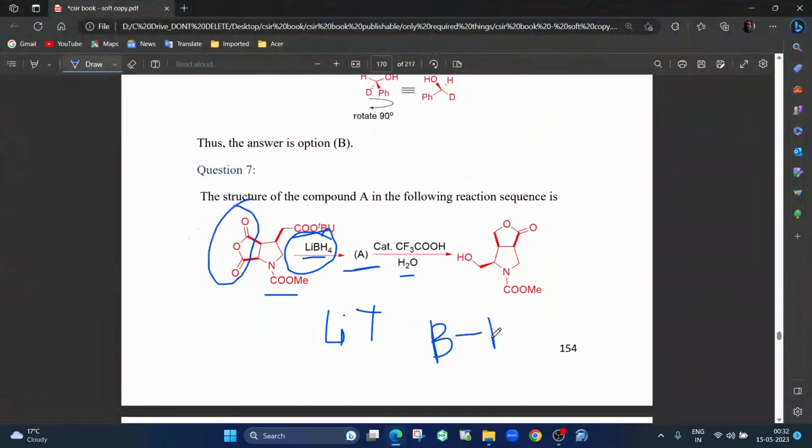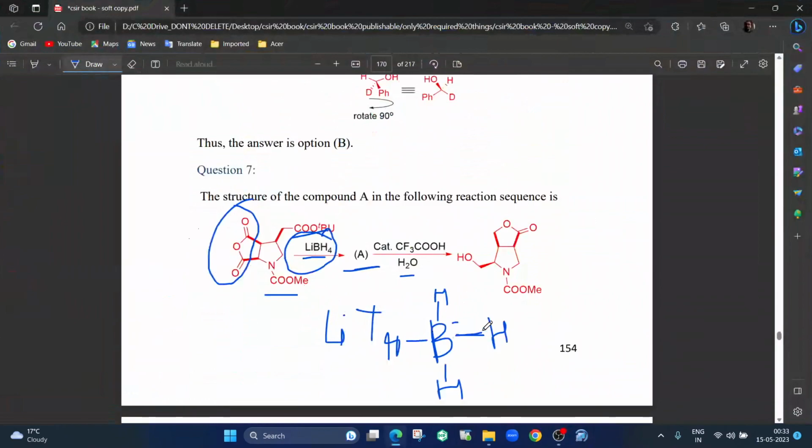So what you see here is, in NaBH4 and LiBH4 you have the same reducing species, that is BH4 minus. So why is it a reducing agent? Because boron has a negative charge, so all the bonds from boron are nucleophilic in nature.